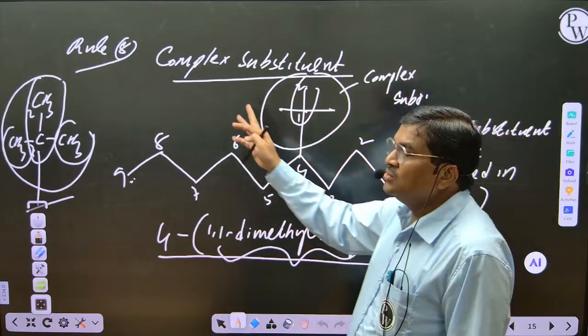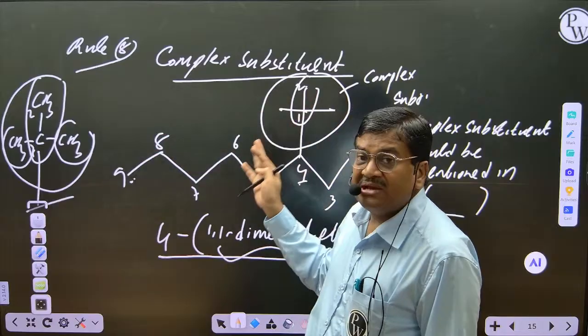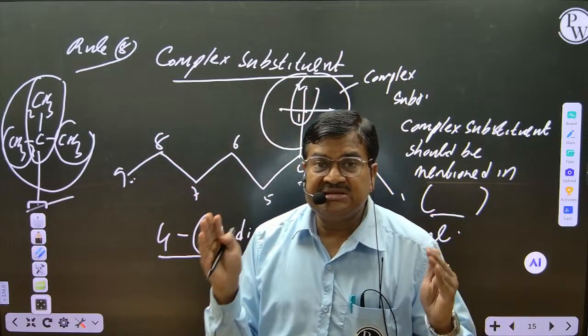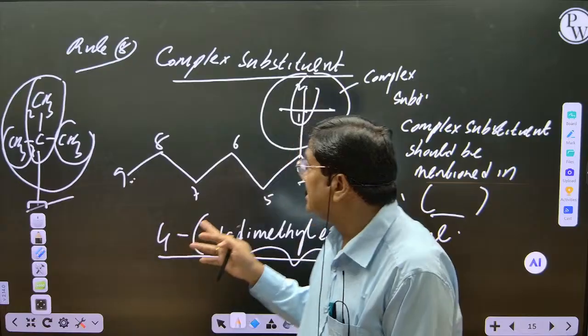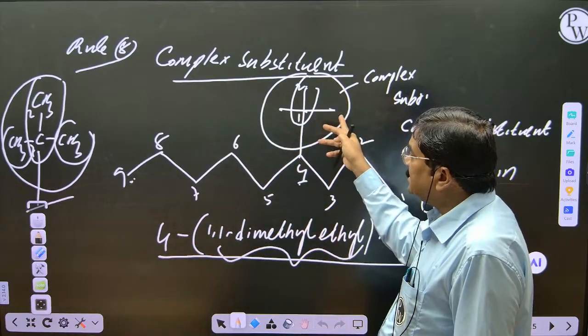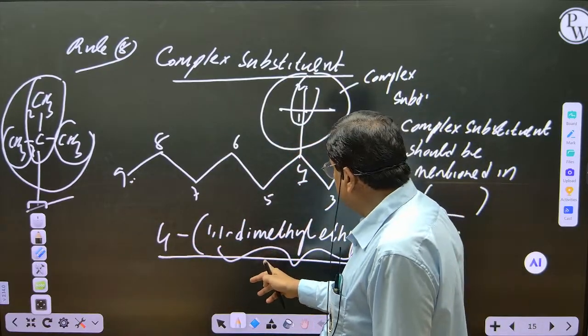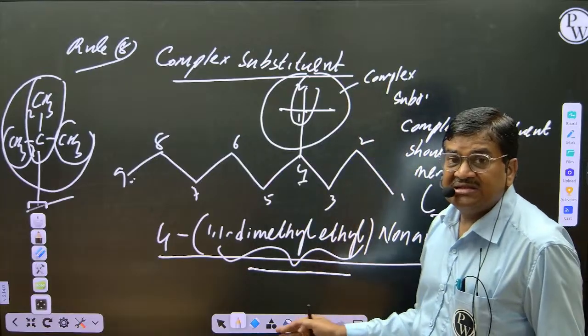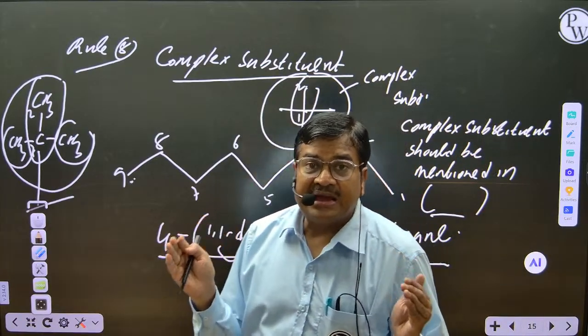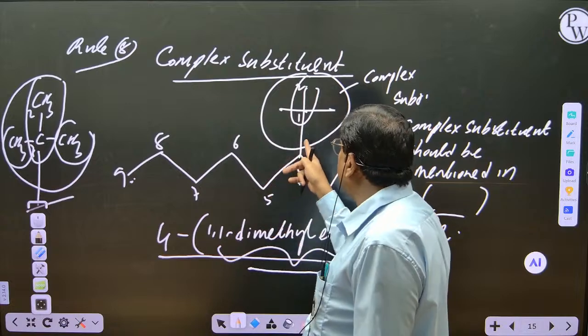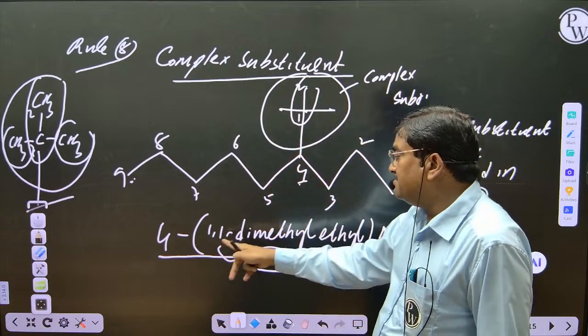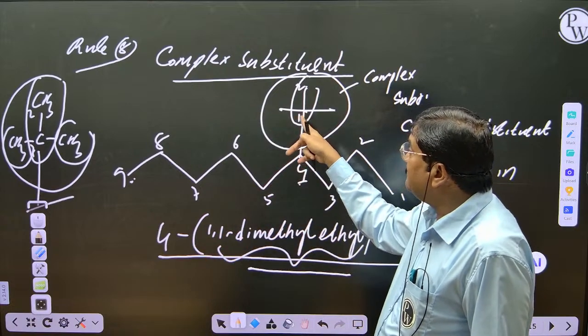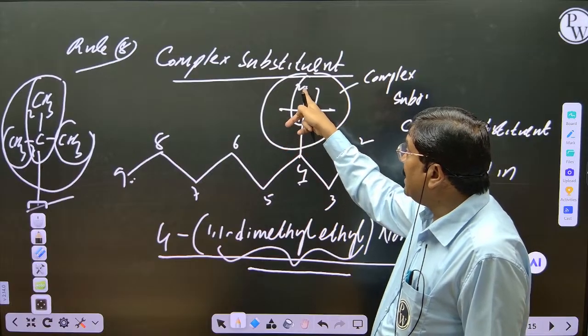Rule 8C. In rule 8, what we learned: if there is any complex substituent, what is meant by complex? A big, bigger one, like this. See, this is a bigger complex substituent. Then the complex substituent should be mentioned in parenthesis, that means in square brackets. And see how I am writing here, it is attached to the fourth carbon. This is a branch having a branch. See, this is a branch having two branches.